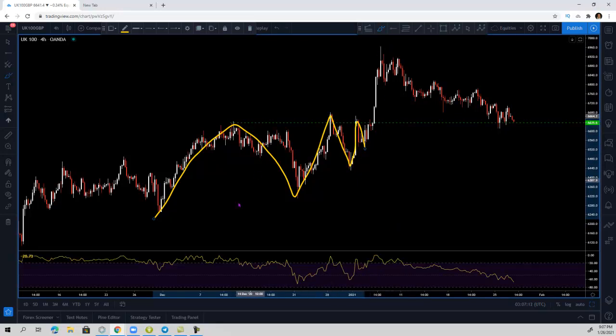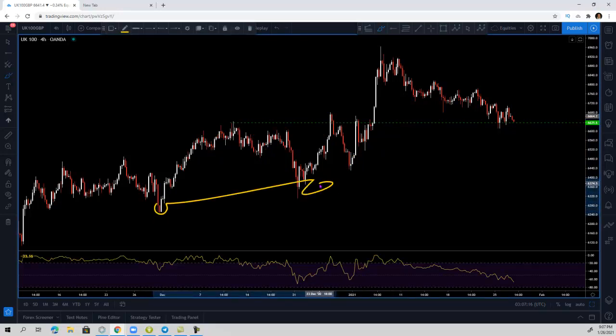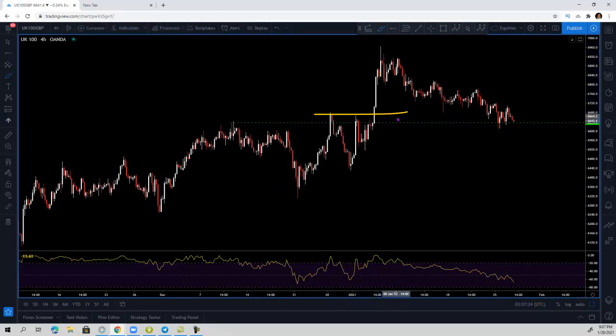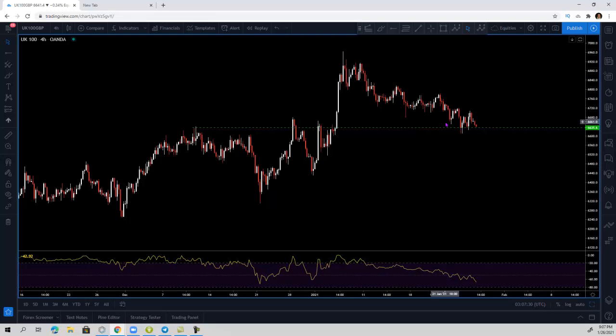But if you notice, we were making higher lows, higher lows, higher lows. This means that this was a flat triangle, and we missed that breakout opportunity with a defined risk to reward. But it really doesn't matter because we found the next opportunity at the retest.